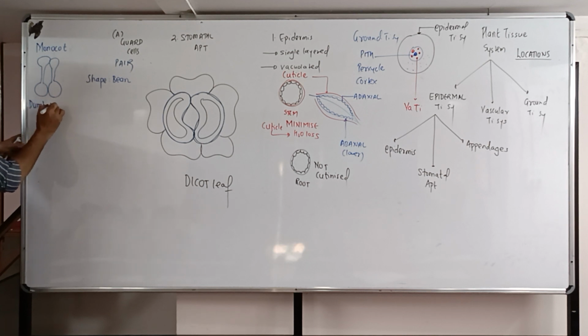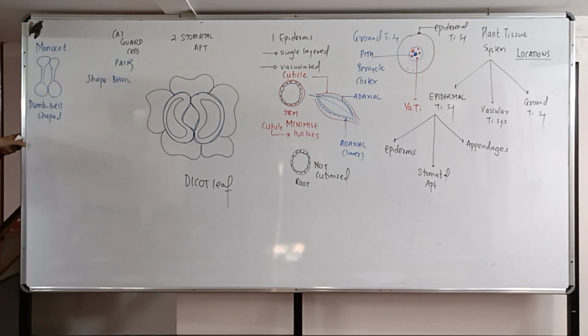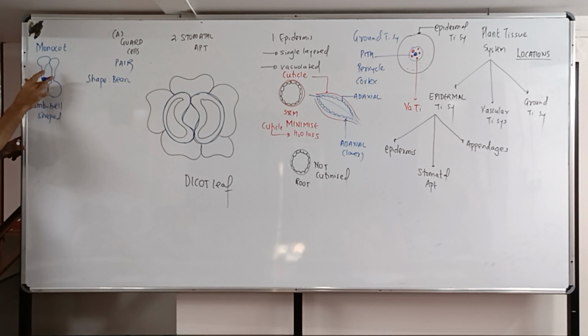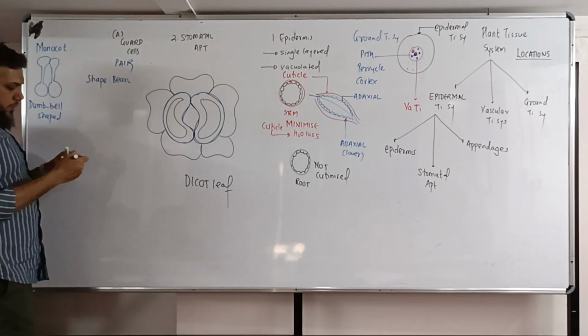They are dumbbell shaped. Right? So dumbbell shape in the case of monocots and bean shape in the case of dicots. Look at the cell wall.